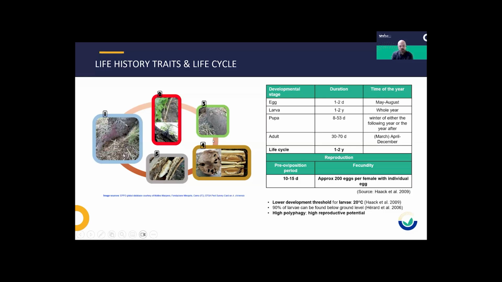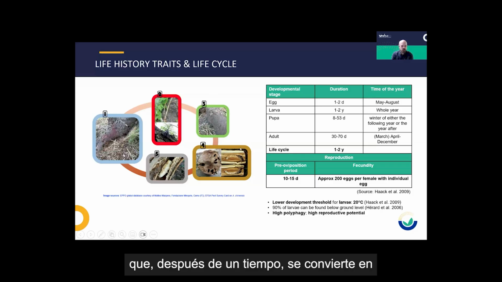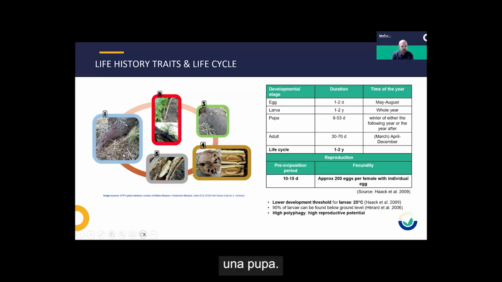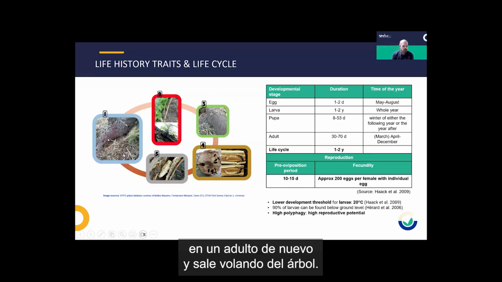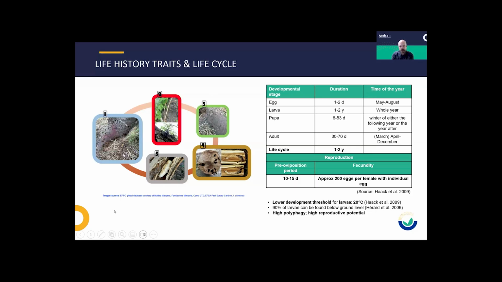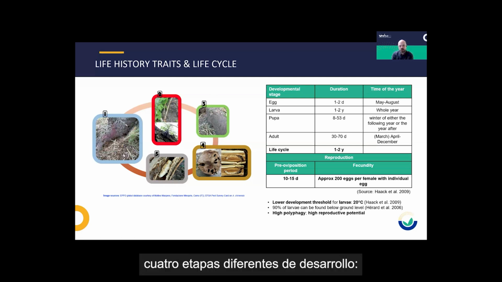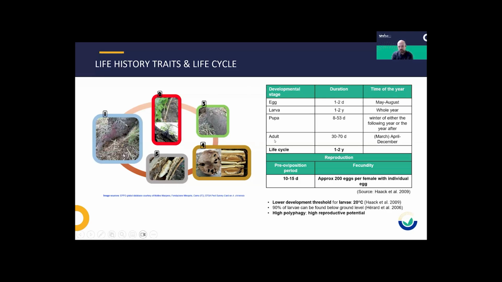The egg develops into a larva and after a while goes into a pupa, and afterwards becomes an adult again and flies out. So as I mentioned, there are four different development stages: eggs, larvae, pupae, and adults.